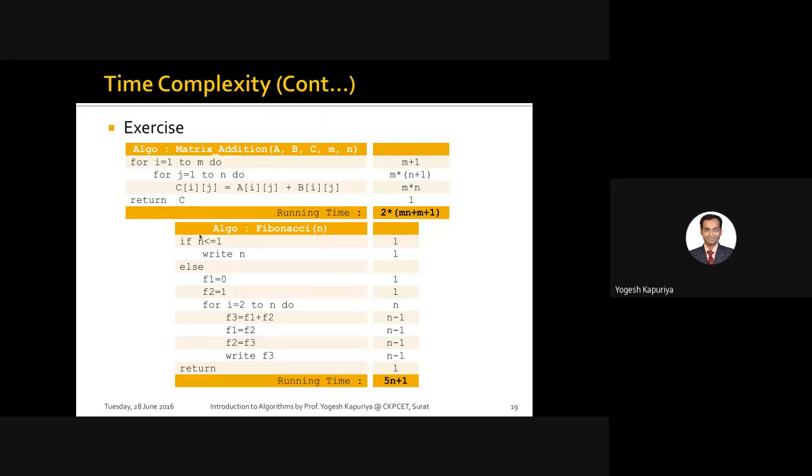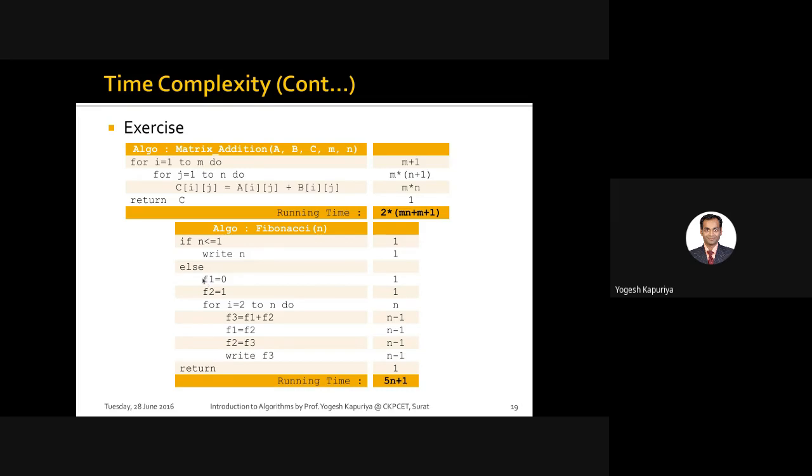This is Fibonacci. Okay, we are printing Fibonacci up to n numbers. So if your n is less than or equal to 1, then simply write 1.